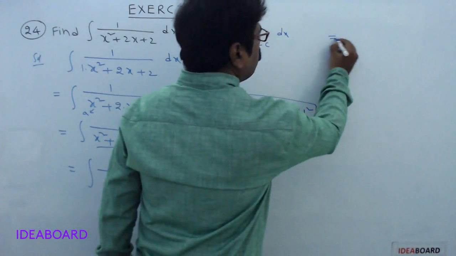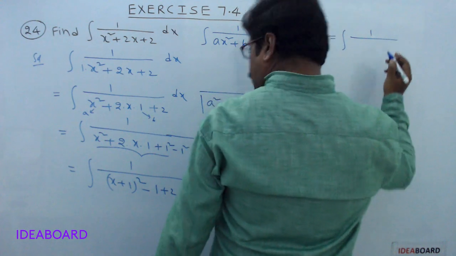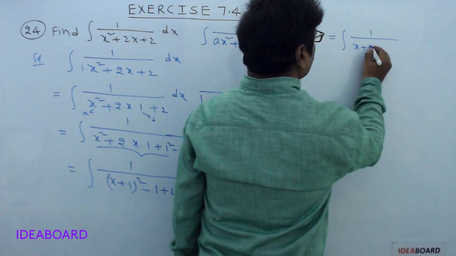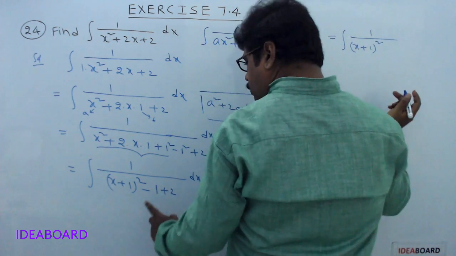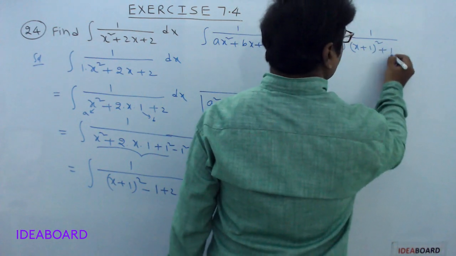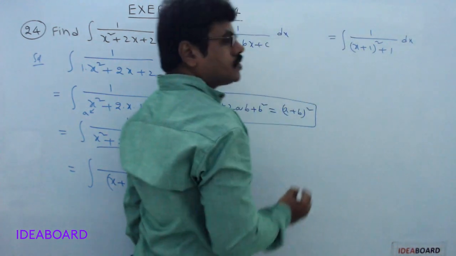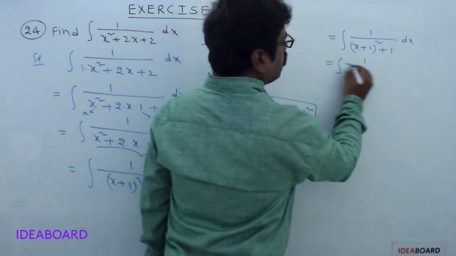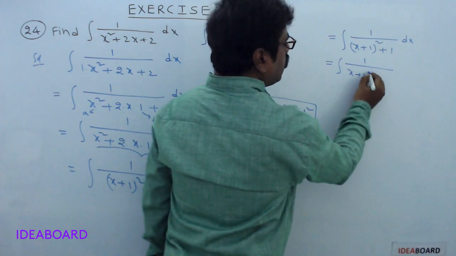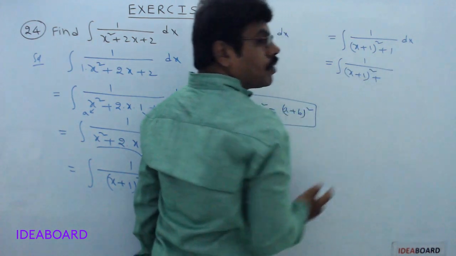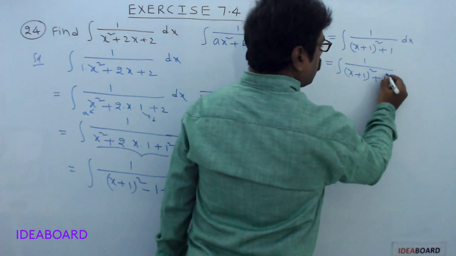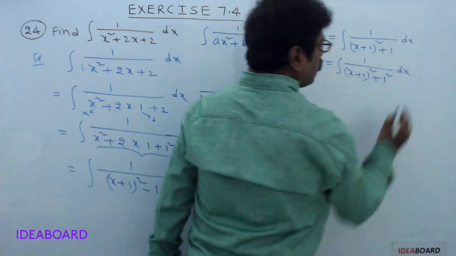Now this is equal to integral 1 divided by x plus 1 whole square minus 1 plus 2, that is plus 1 dx. Now this is equal to integral 1 by x plus 1 whole square plus 1 can also be taken as a 1 square dx.